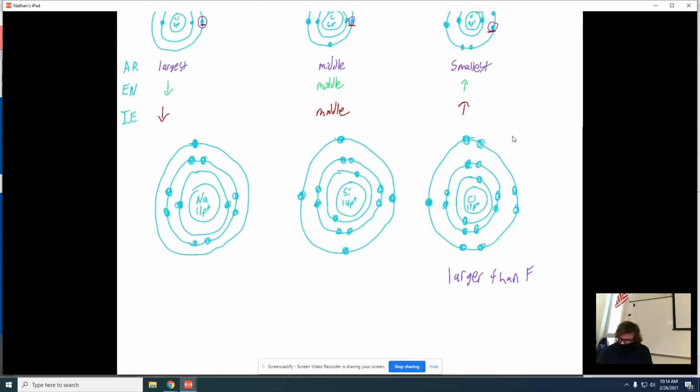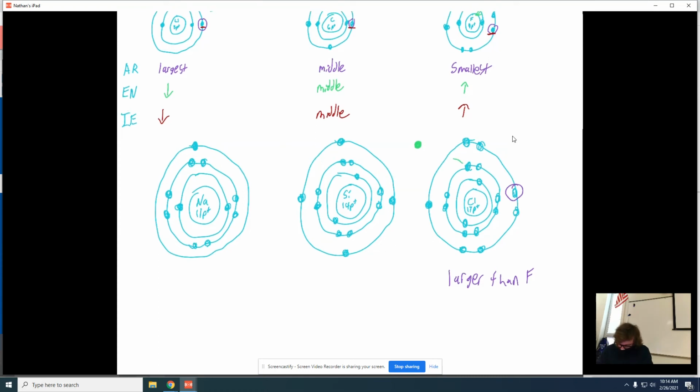And then if we look at a random floating electron, it's still going to be attracted towards that chlorine nucleus, but now there's this whole level of electrons that are pushing back against our new electron.